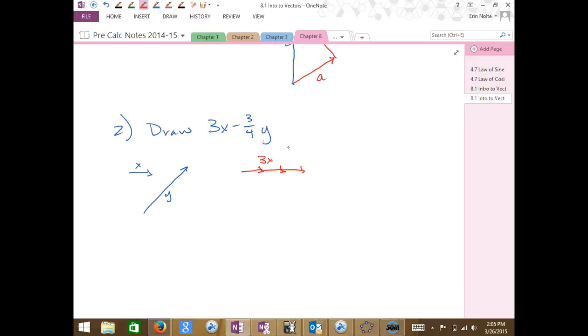How do you do negative? Good question. If I have subtracting going on, how do I do subtracting? If adding was tip to tail, subtracting is tip to tip.